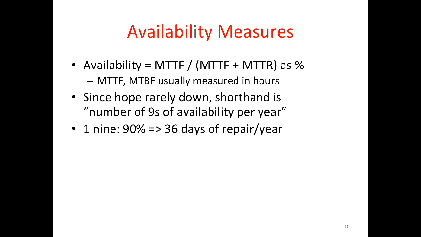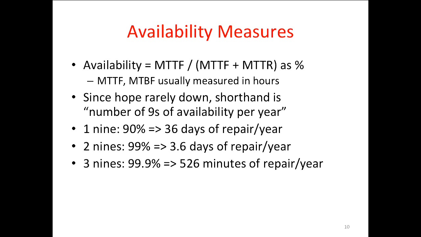You'd have to spend over a month of the year waiting around for the system to be repaired. Doesn't sound too good. If you go to 2 nines, that's 99%. That's a bit better, but now you're still waiting 3.6 days of the year where the system's just not available to you. And going up, 3 nines, 99.9% of the time the system's available. Now you're down to 526 minutes, less than 10 hours of downtime in a year.